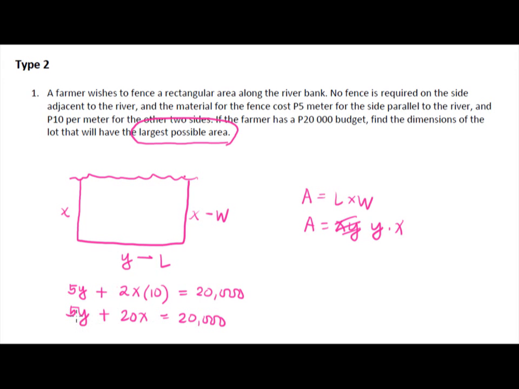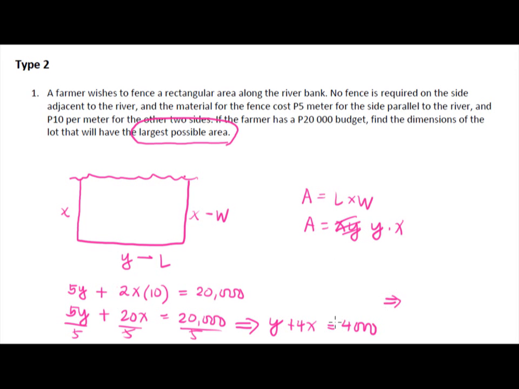Each number is divisible by 5, so we can divide by 5 first. So divided by 5, divided by 5, divided by 5. So this will become y plus 4x is equal to 20,000 divided by 5 is 4,000. Okay. Now, again, going back to our goal, we need to replace one of the letters here. As you can see, this is already y and this is 4x.